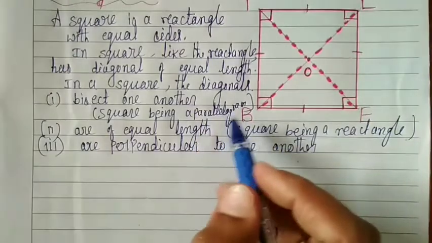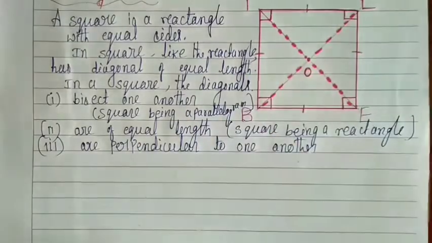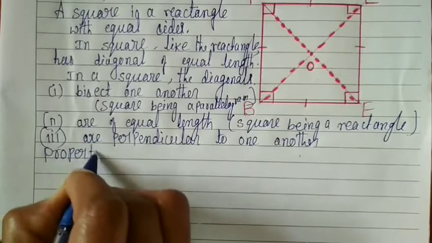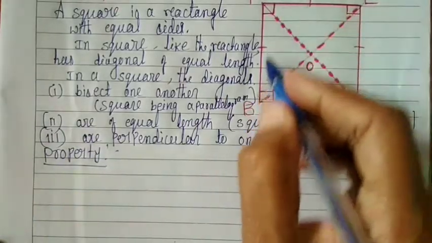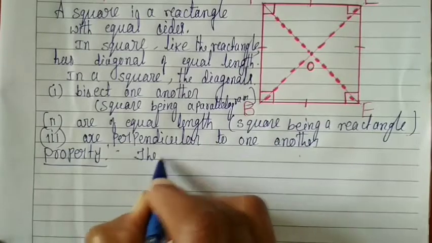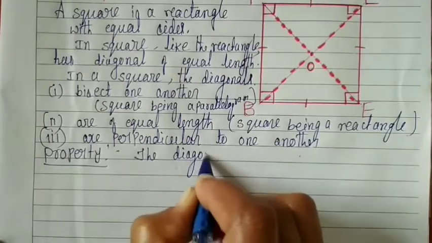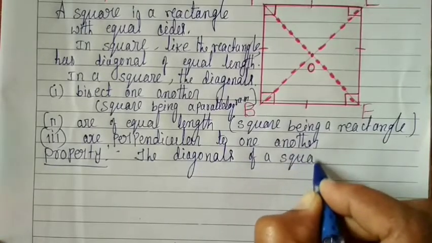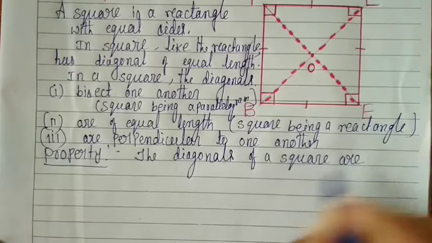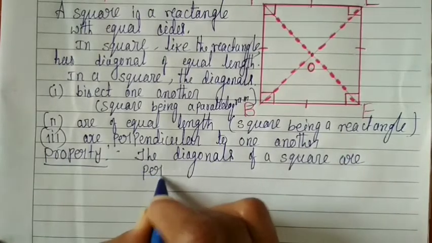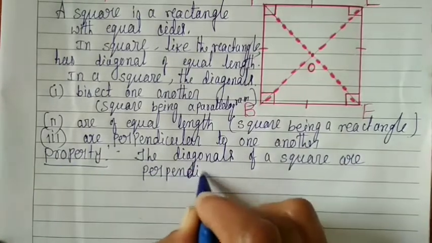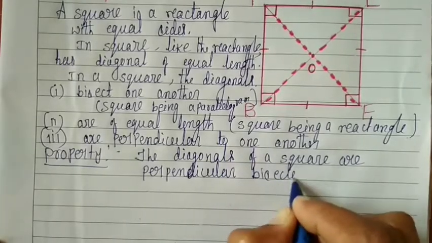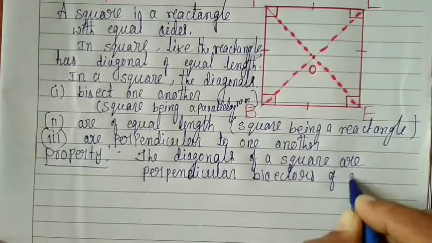Hence, we get the following property. The diagonals of a square are perpendicular bisectors of each other.